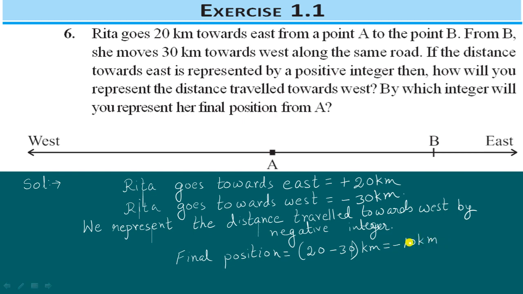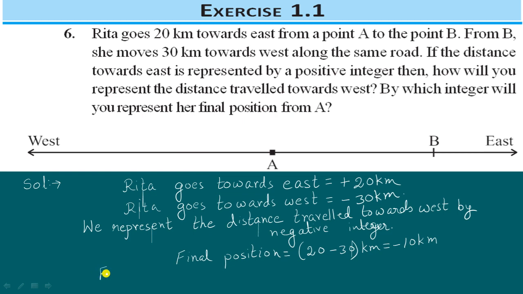What is the meaning of minus? Minus means the distance will be 10 km towards west from position A. That is like this. That is minus 10 km, right? Minus 10 km means towards west.